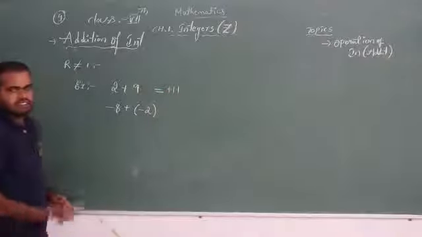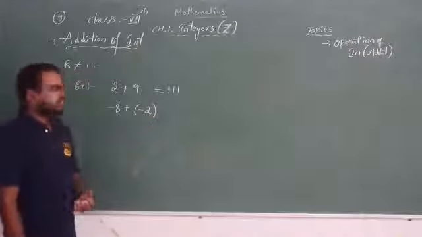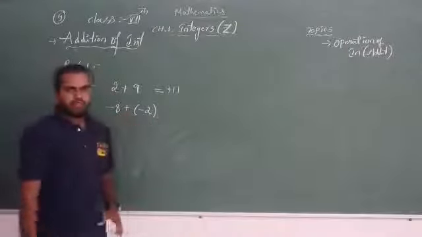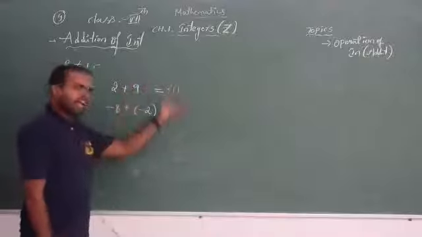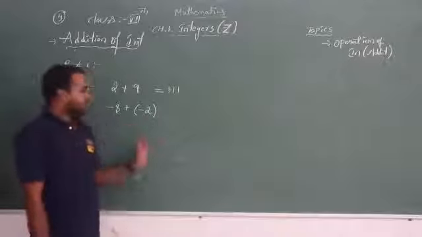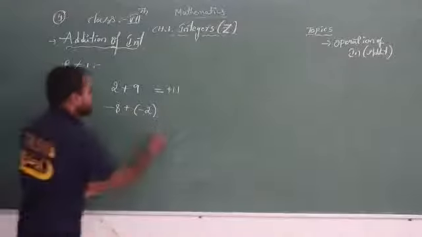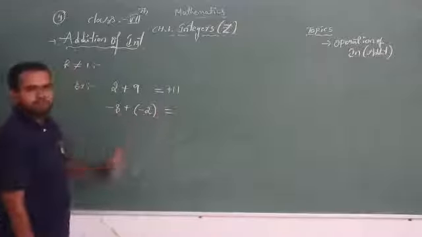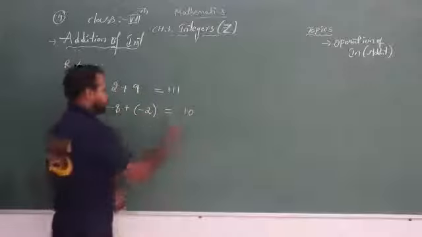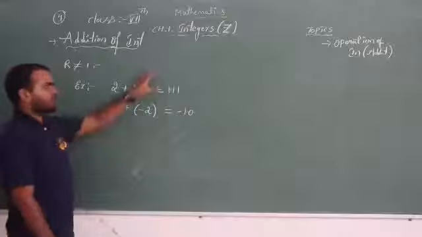Now minus 8 and minus 2: both are negative numbers. If both are positive we add, and if both are negative we also add only, but we take the minus sign. So 8 plus 2 is 10, and since they are negative numbers, minus 10 is the answer. This is rule number 1.